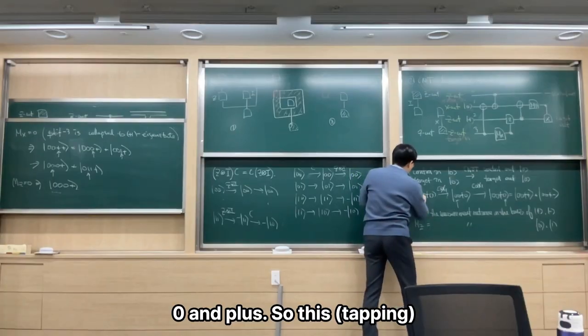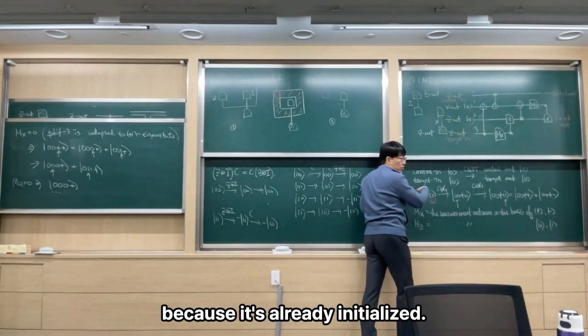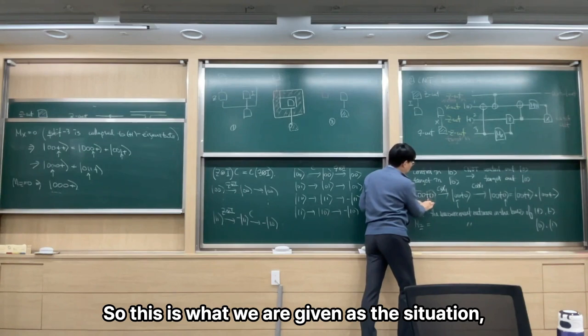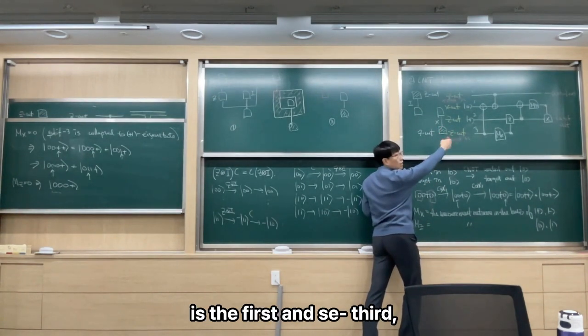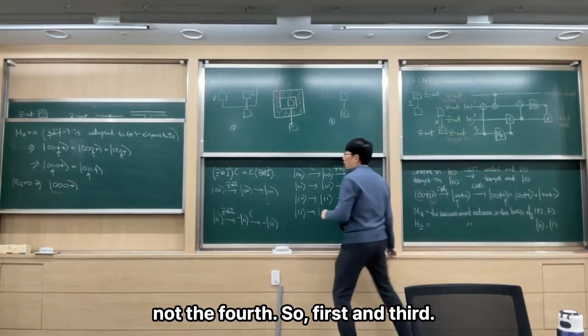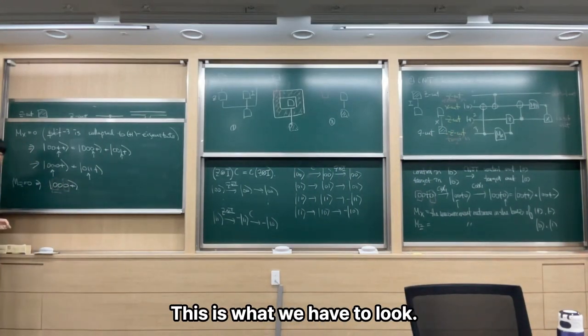So this too is the control and target. I don't care about these two because they're already initialized. This is what we are given as the situation. And what we have to read at the end is the first and third, not the fourth. So first and third, this is what we have to look at.